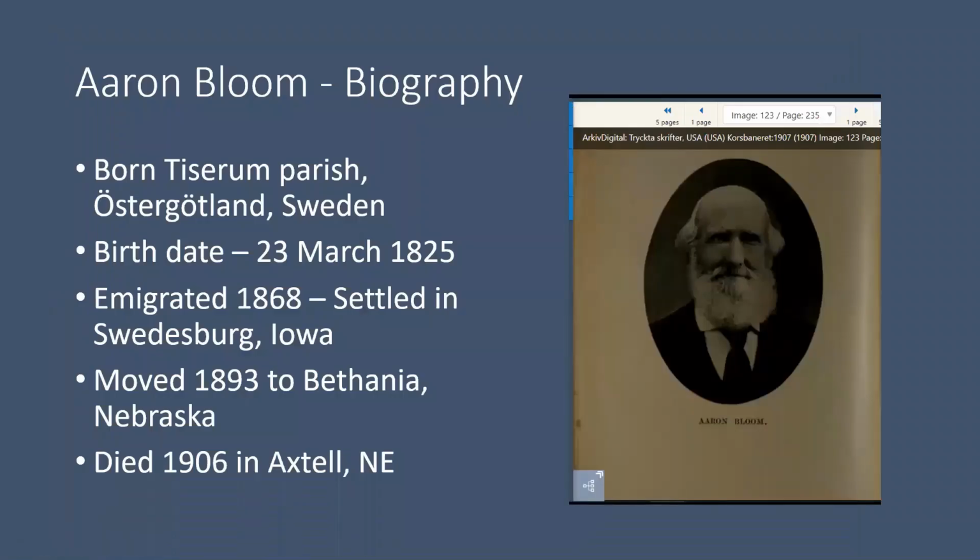In this case, I just summarized it: he was born in Tiserum Parish in Östergötland. His birth date was the 23rd of March, 1825, immigrated in 1868 and settled in Swedesburg, Iowa. He moved to Bethania, Nebraska in 1893, and then he died in 1906 in Axtell, Nebraska.